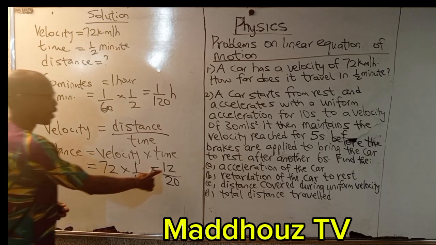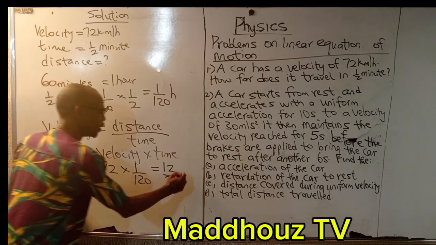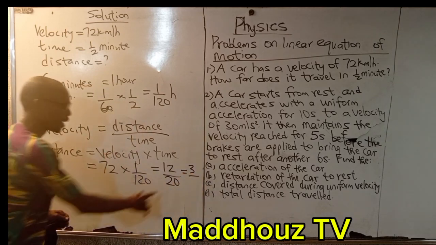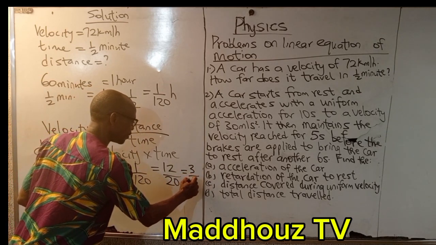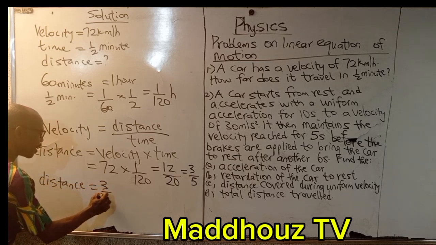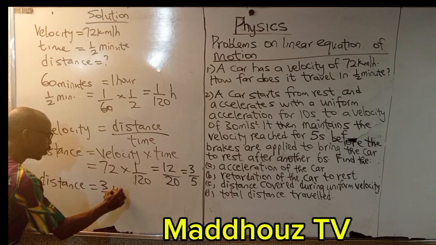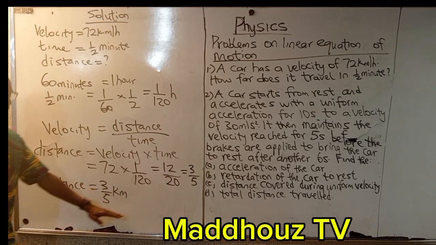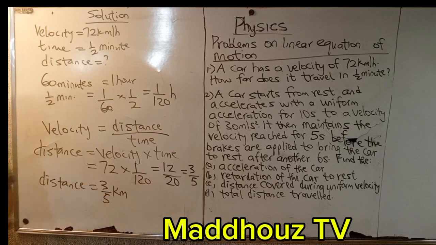What can divide here? 4 can also divide. This will give us 3 over, 4 divided into 20 is 5. So our distance is equal to 3 over 5 kilometers. This is the value of our distance, 3 over 5 kilometers.